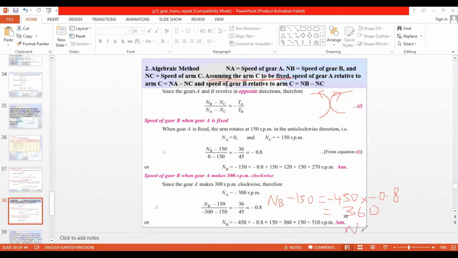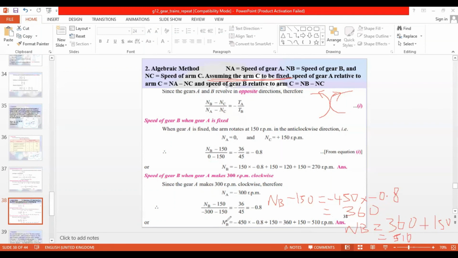So NB is equal to 360 plus 150, as this minus 150 will go to the other side and be added. So I will have 510 RPM.